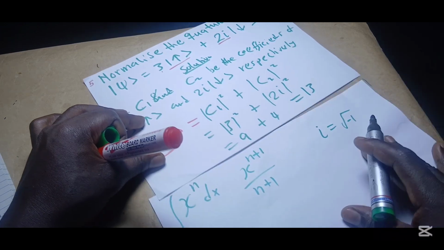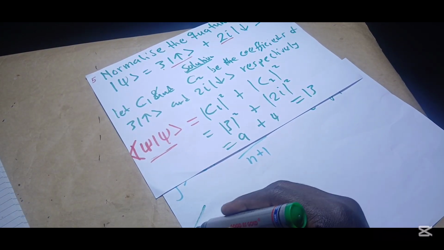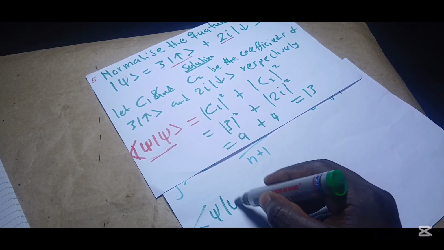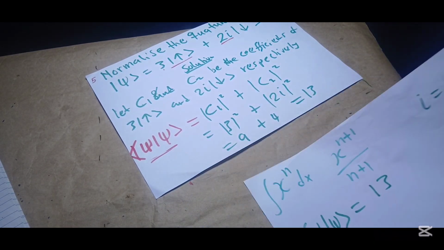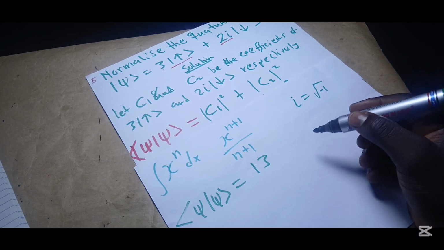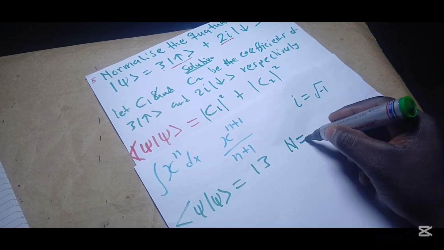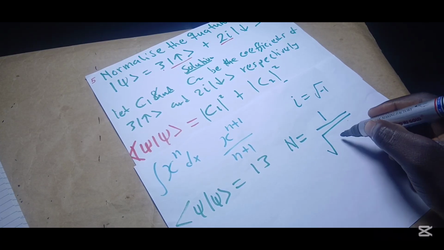So now that we know our norm is 13, the second part is to look for our normalization constant, which is equal to 1 all over the square root of the norm.